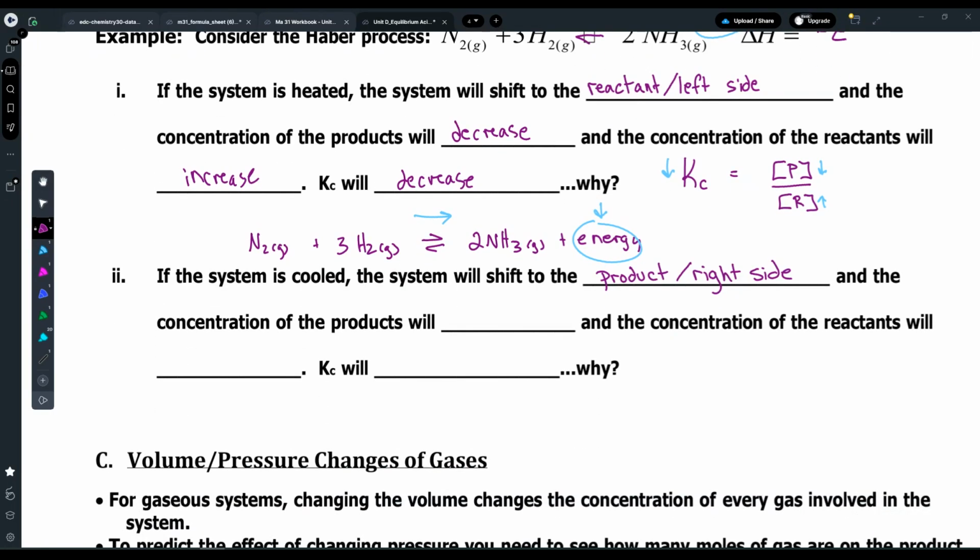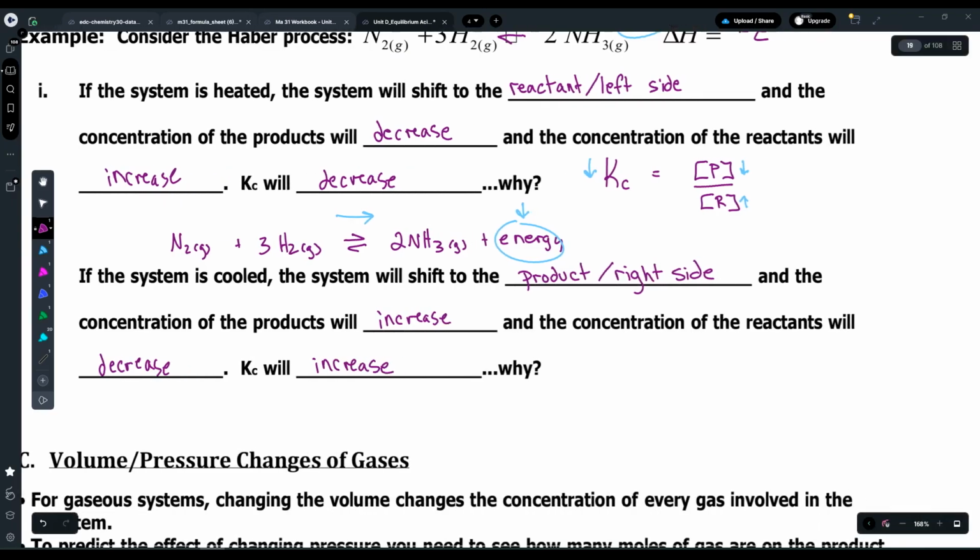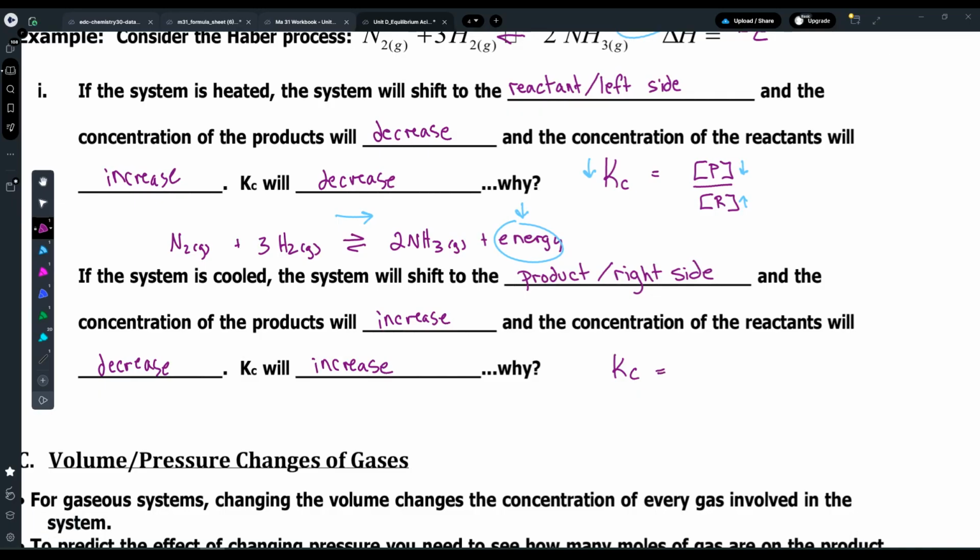So the concentration of the products is going to increase because the forward reaction is temporarily favored, and that means the concentration of the reactants is going to decrease, again because the forward reaction is being favored. Now, your equilibrium constant, that is going to increase. So why? Let's write out our equilibrium law expression really quick here.